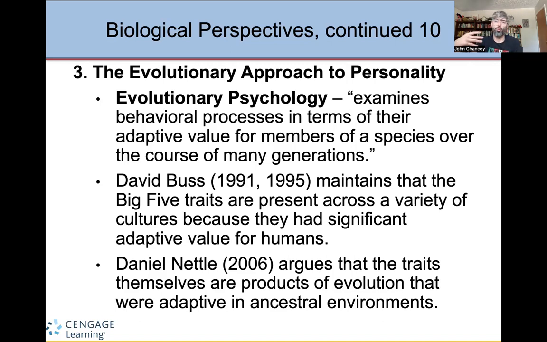Personality traits that allow us to grow in numbers rather than disperse are a huge part of why we were able to survive for as long as we have. Daniel Nettle also talked about how certain traits are products of evolution from ancestral environments. So it's tracing personality back hundreds of thousands of years and looking at how the development of things like extraversion could have aided in our survival.